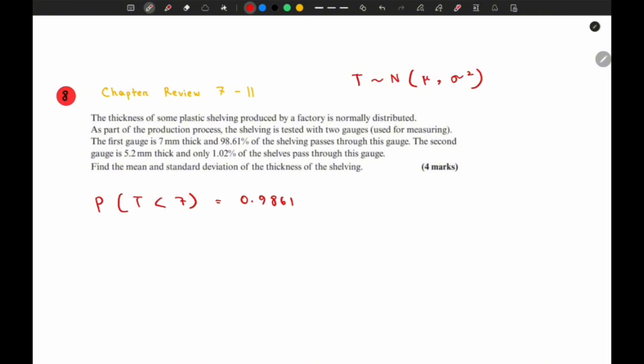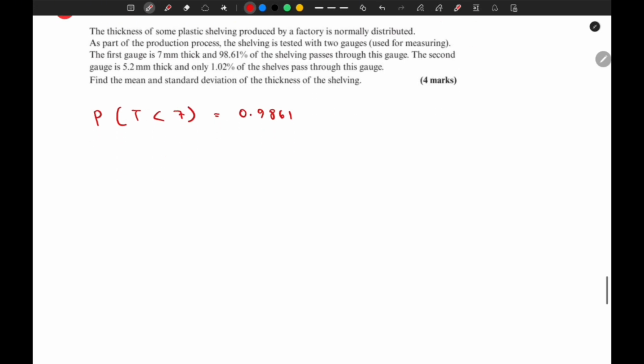Now let's first work with the first information, where we need to find the mean and standard deviation of the thickness of the shelving. So first of all, we need to convert this value of T into Z. So the probability of Z being less than (7 minus mean) over the standard deviation is equal to 0.9861.